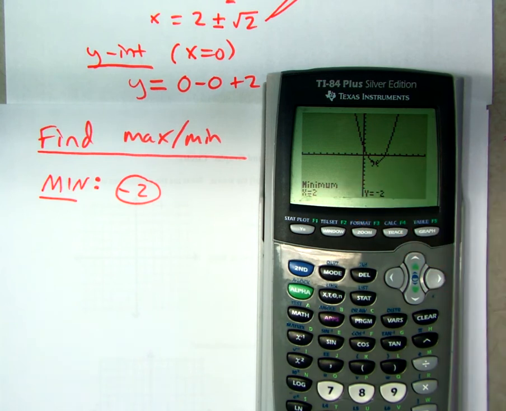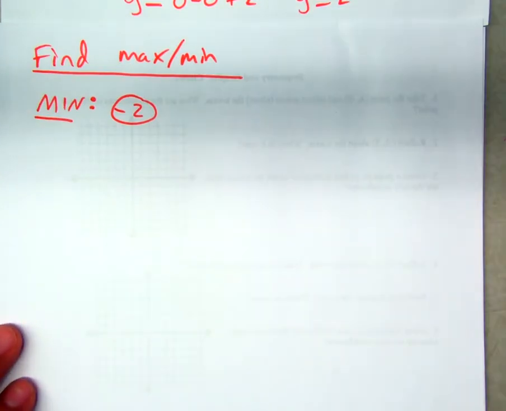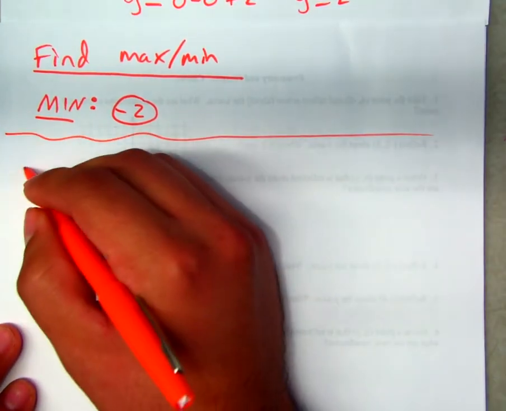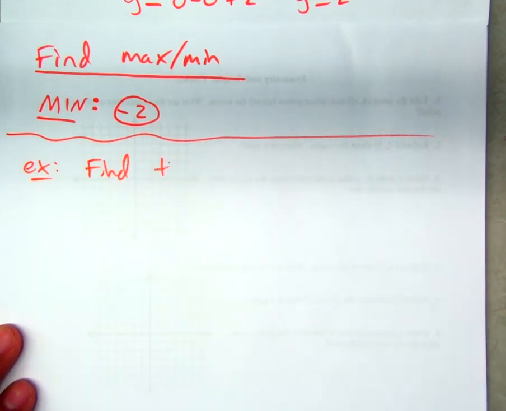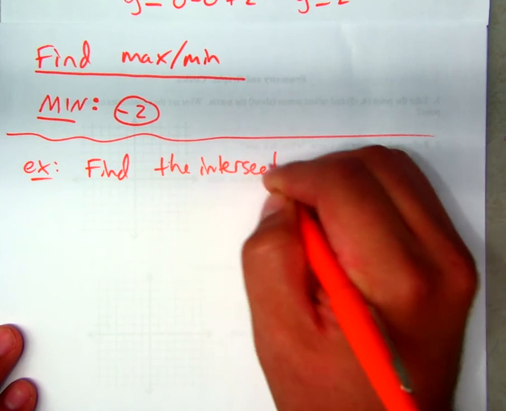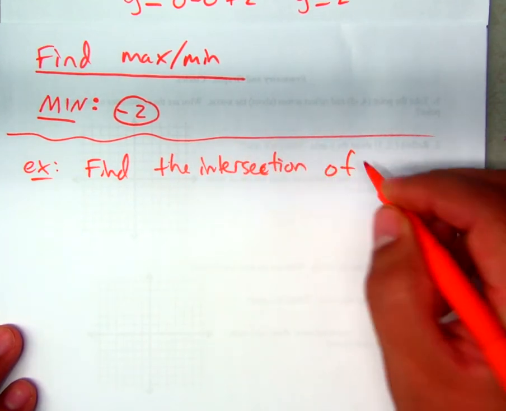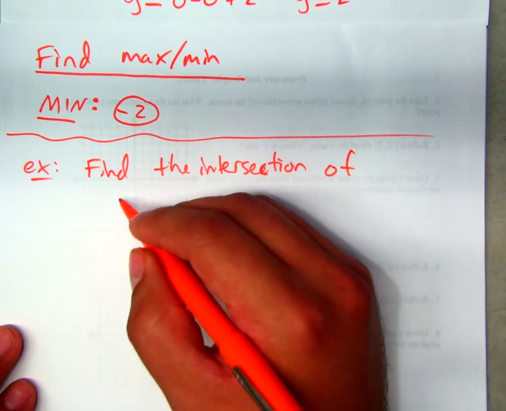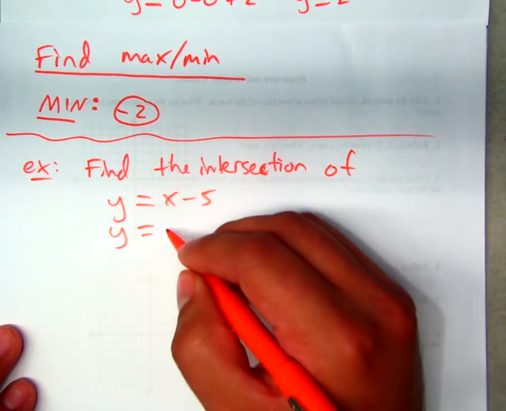Let's see. Zeros, max and min. Let's talk about an intersection question. Find the intersection of, let's say, y equals x minus 5 and y equals negative x squared plus 4.